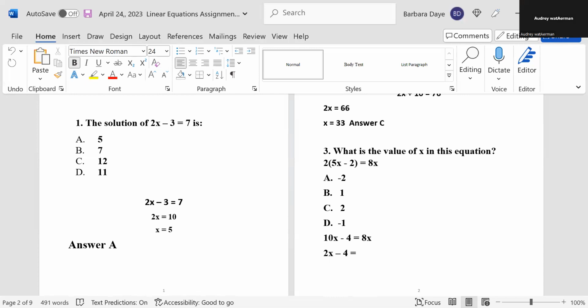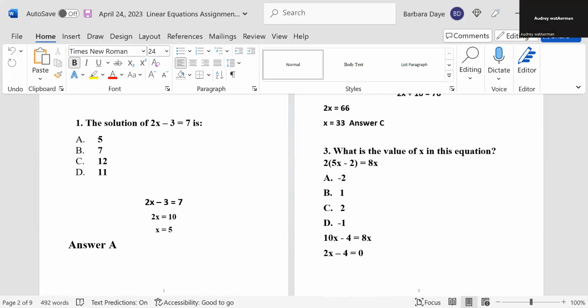And 8x from 8x, you get 0. You still have the negative 4. So the x on the right is a 0. So what is x equal to?